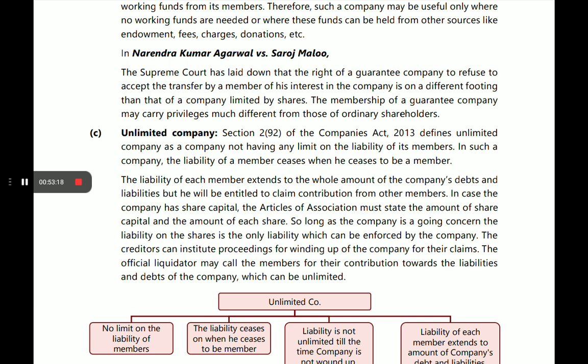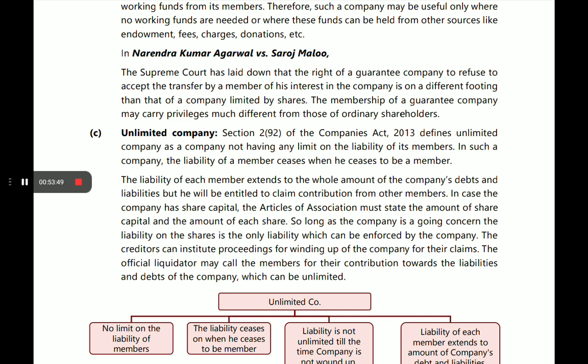In case the company has share capital, the articles of association must state the amount of share capital and the amount of each share. So long as the company is a going concern, the liability on the shares is the only liability which can be enforced by the company.